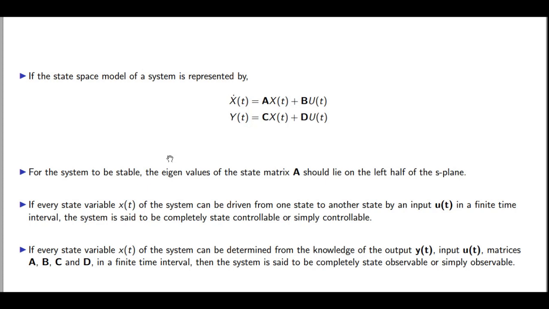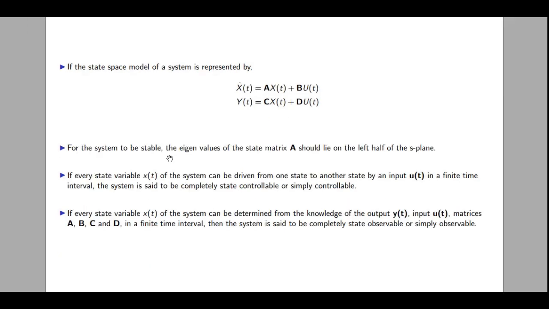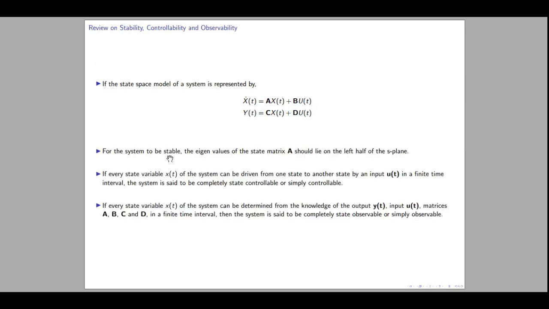The formal definition is: if every state variable x of t of the system can be determined from the knowledge of the output y of t, input u of t, and matrices A, B, C, and D in a finite time interval, then the system is said to be completely state observable, or simply observable. So this is what we learned in the last class.